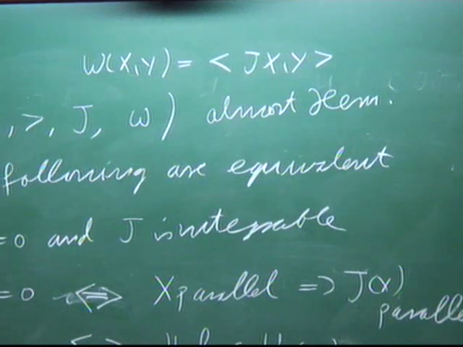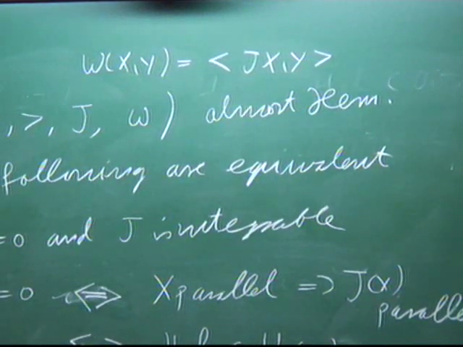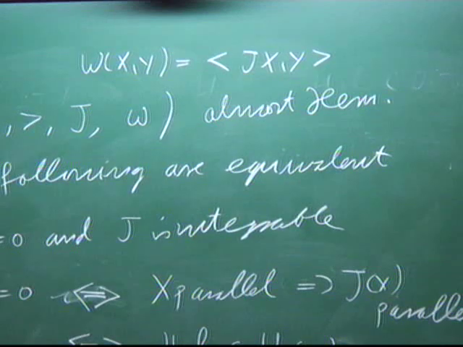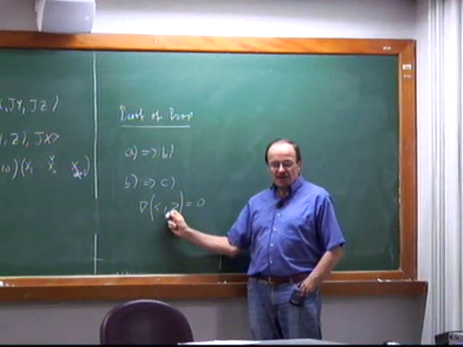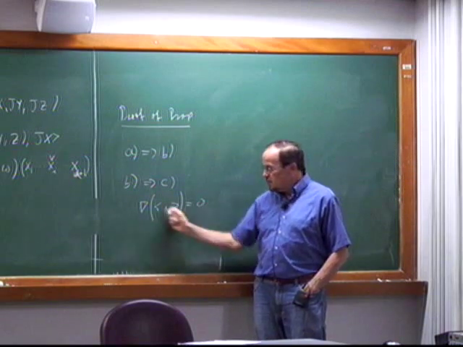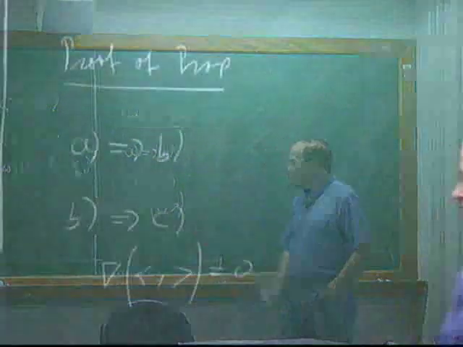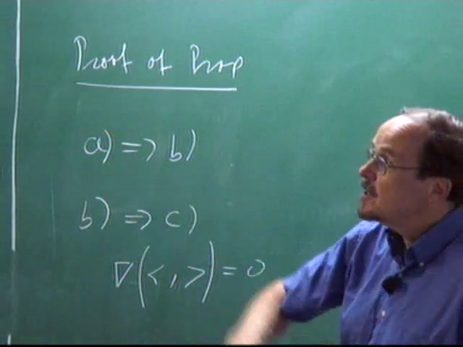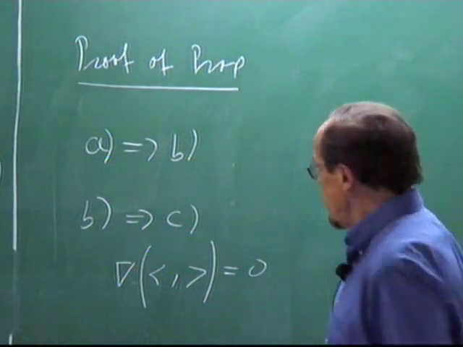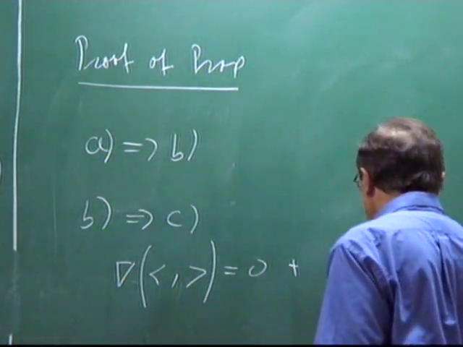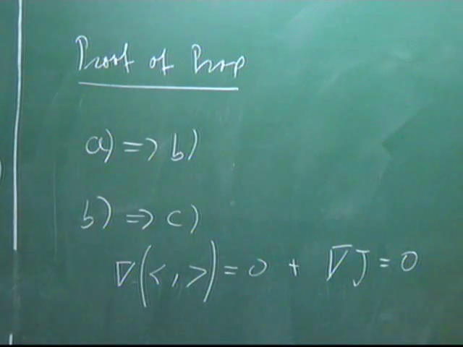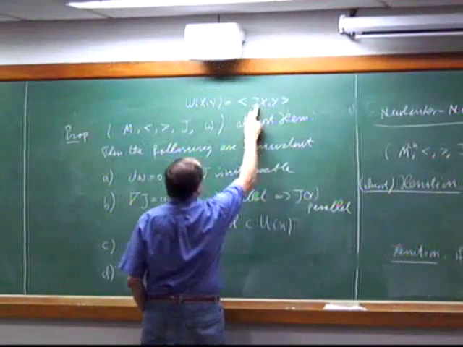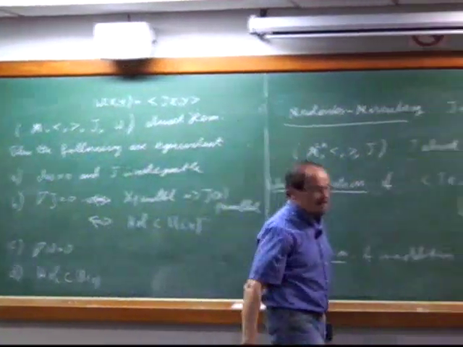So you probably know this formula, right? The metric is parallel. So if you want it in the tensor language, the metric is parallel, and of course we assume that nabla J is 0. Now you can imagine if you plug that in, you just crank it up. This is parallel, so omega must be parallel. Okay.